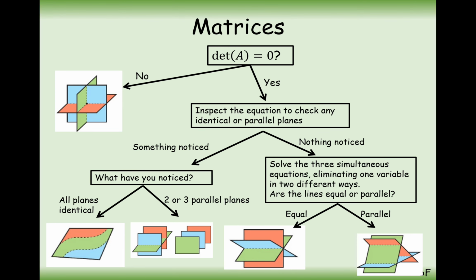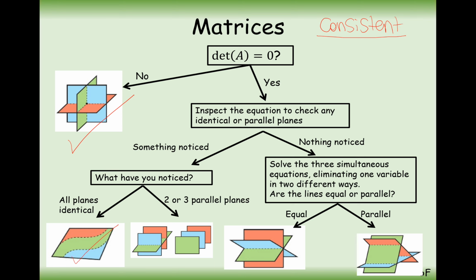Okay, so another word that I want to introduce is the word consistent. Now, if an equation is consistent, then it has some points, either one or more points, at which the equations or the planes intersect. That diagram there is consistent.